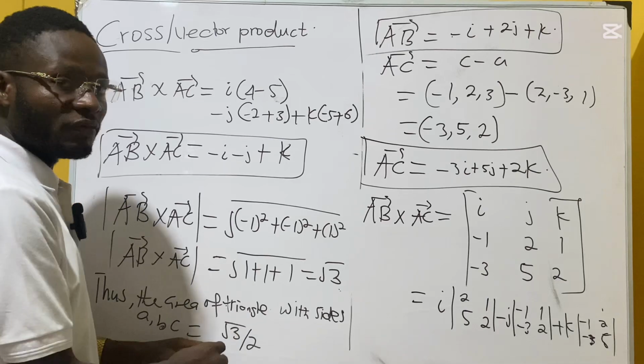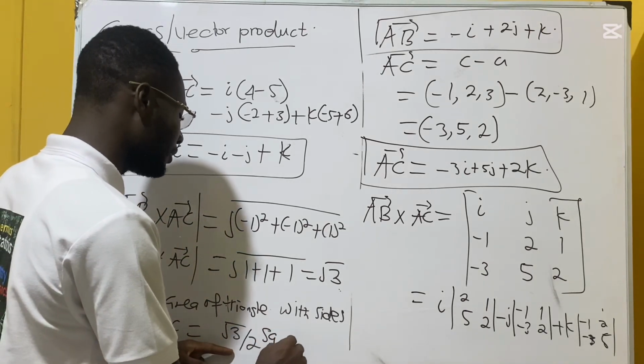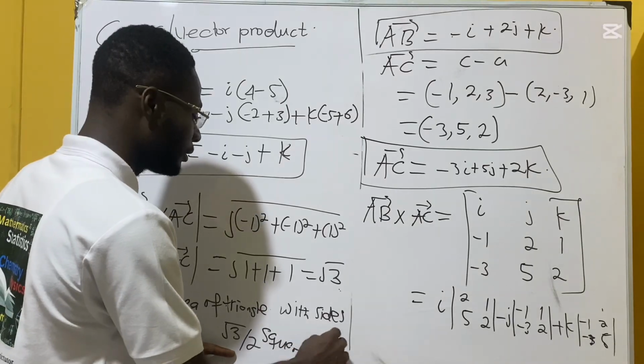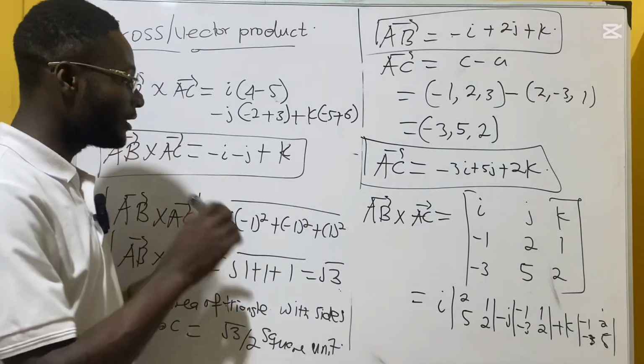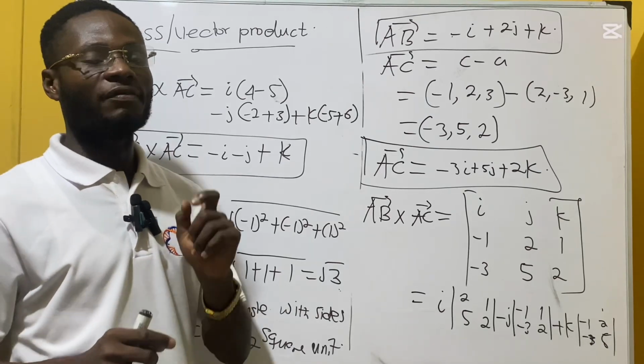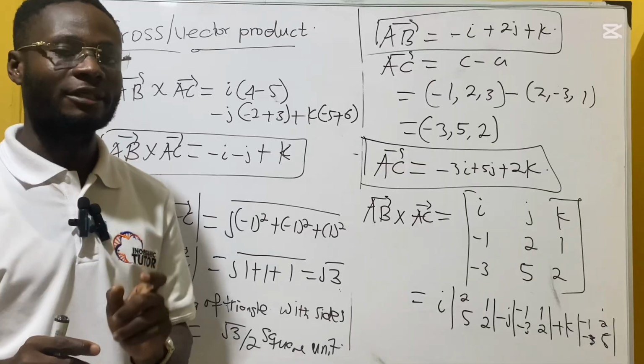So square root of 3 over 2 squared units. And that is the area of the triangle with sides A, B, and C, respectively.